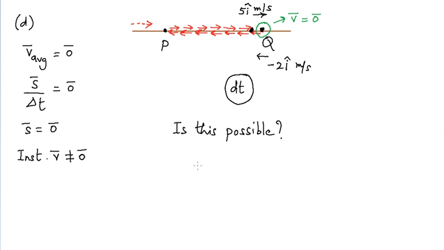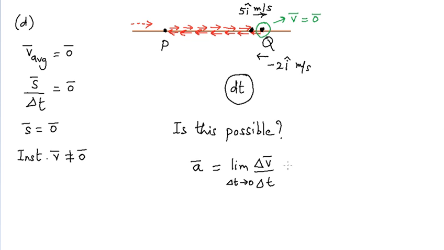So let's try to find the instantaneous acceleration of the particle during that time interval. Now the instantaneous acceleration is the limit of the average acceleration, so it's the limit of delta v by delta t, and of course the time interval has to tend to 0, then it's called the instantaneous acceleration.